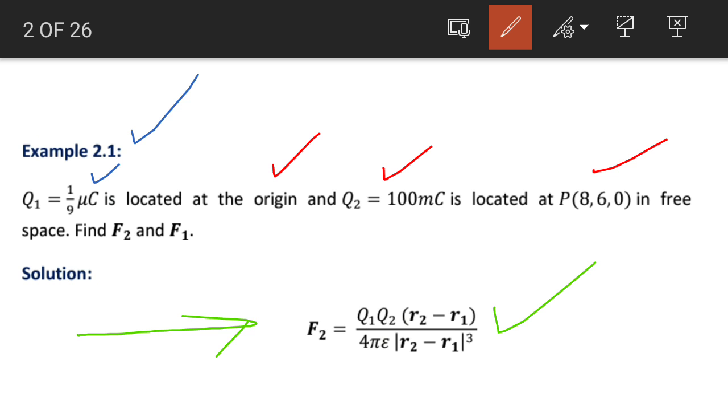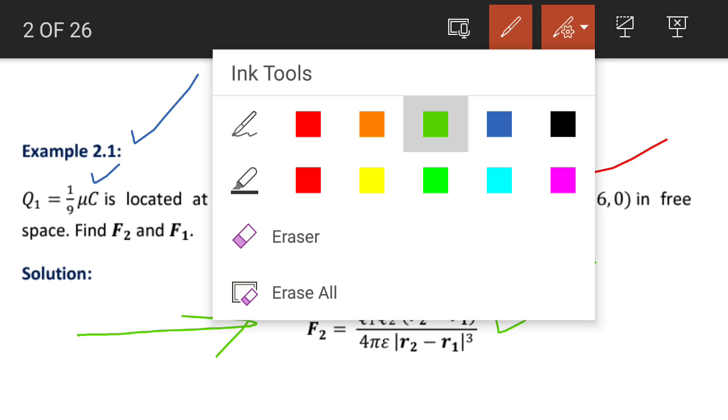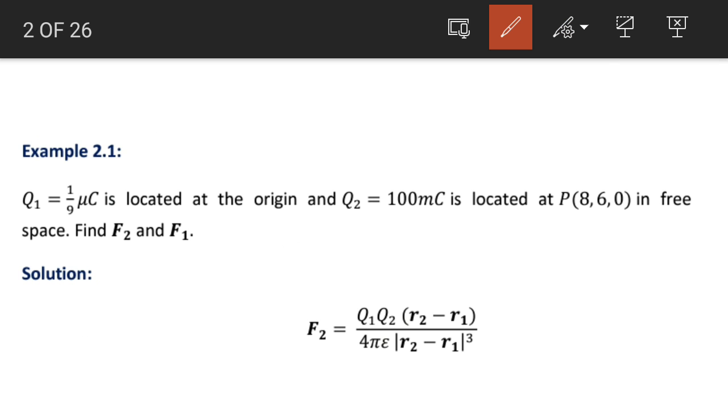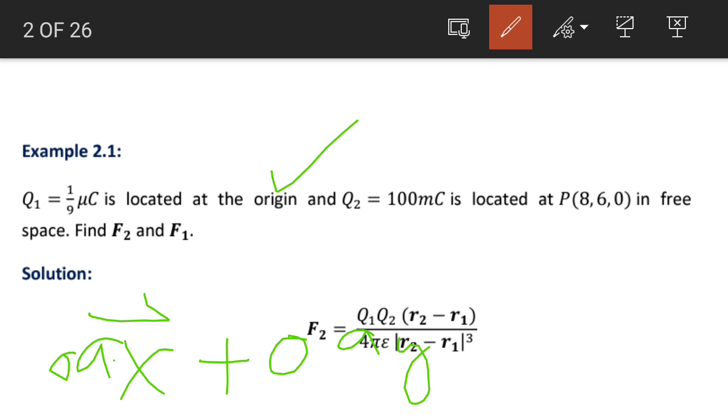So you see R1 is the position vector of Q1, and R1 will be equal to 0 AX plus 0 AY plus 0 AZ. This will be your R1.